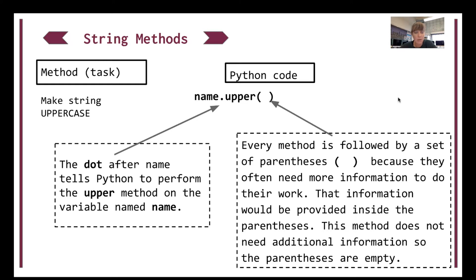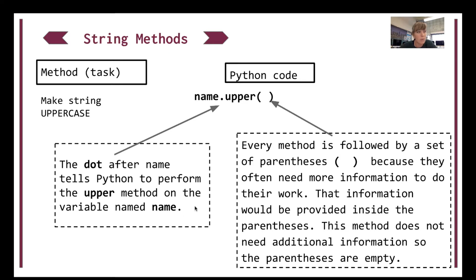Okay, let's talk about some methods that we can use on strings. These are just ways to change what they look like. The first method is called upper, okay? And the way that we do this is we put a dot after the name, so it tells Python to perform the upper method on the variable named name in this situation.